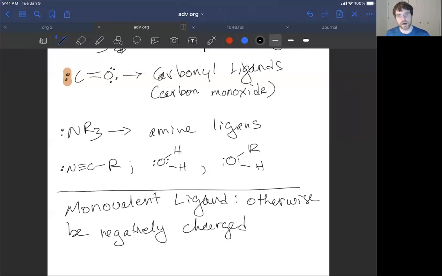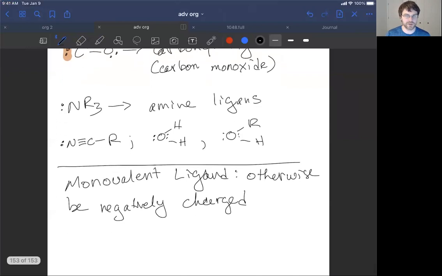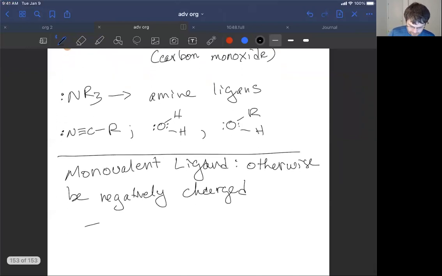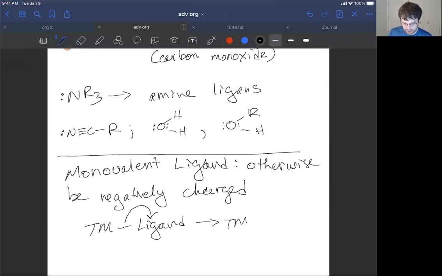Okay, these start to get a little bit tricky. I mean, you get used to them pretty quick. But what I like to think about is, if we have a transition metal adducted to our ligand, and we take the electrons that are bonding the transition metal to the ligand and dump them onto the ligand, recall that we don't really consider the transition metal formal charges.